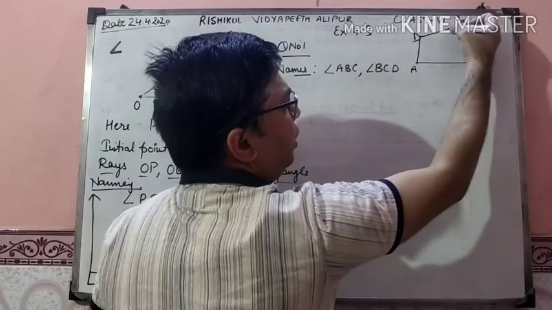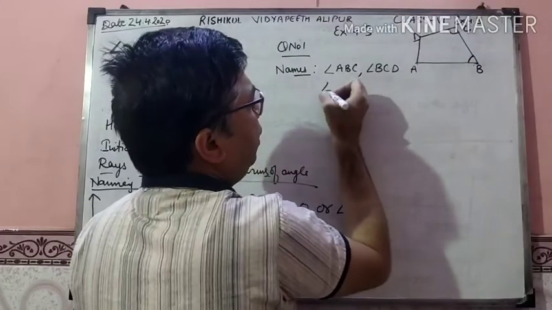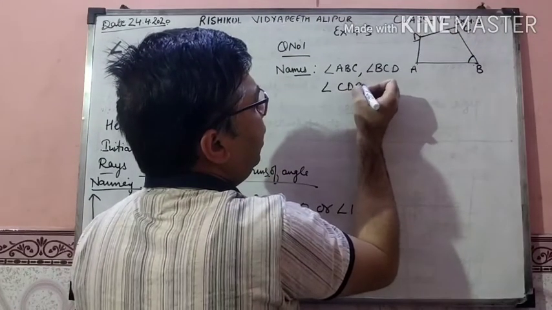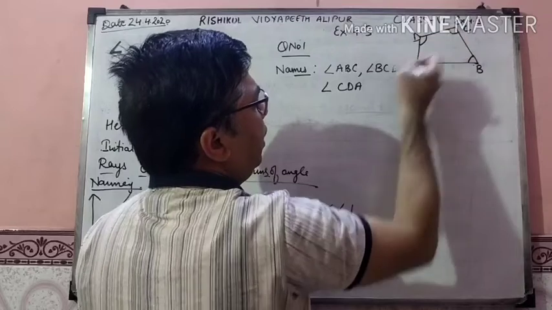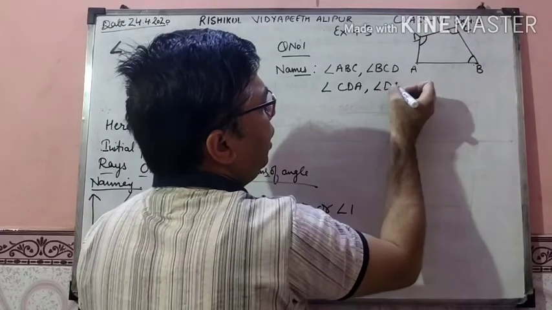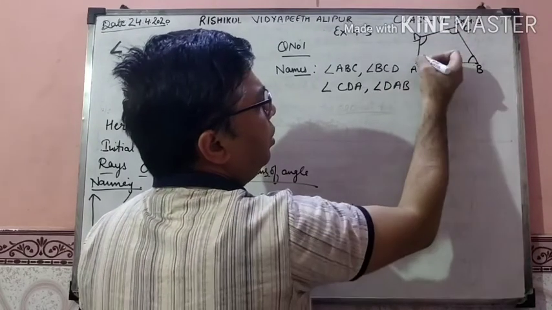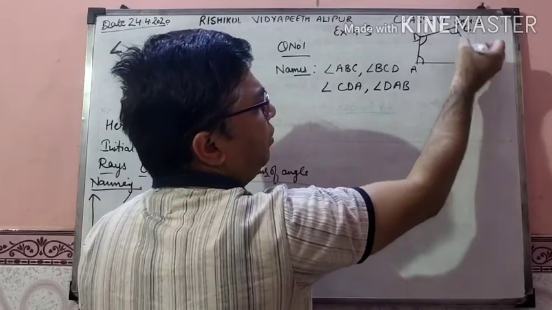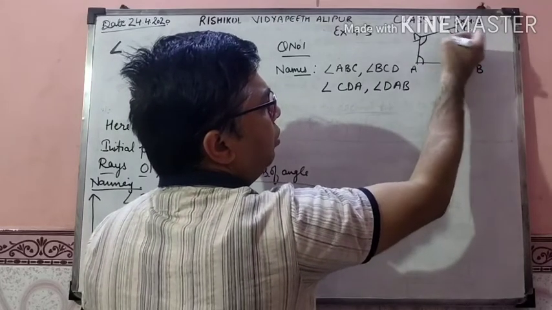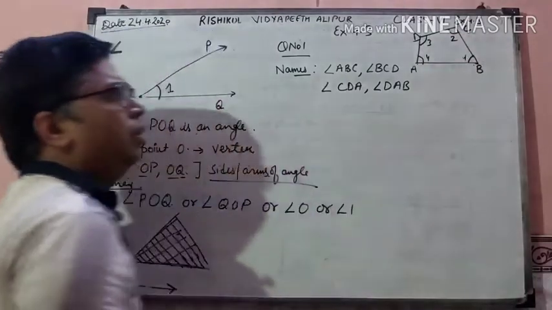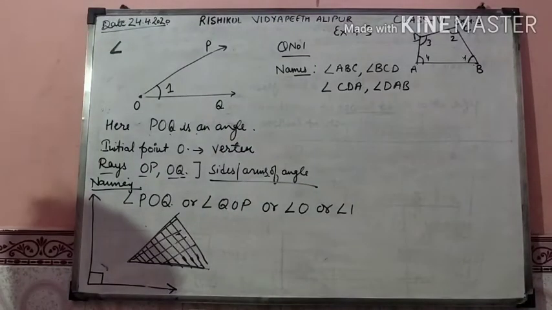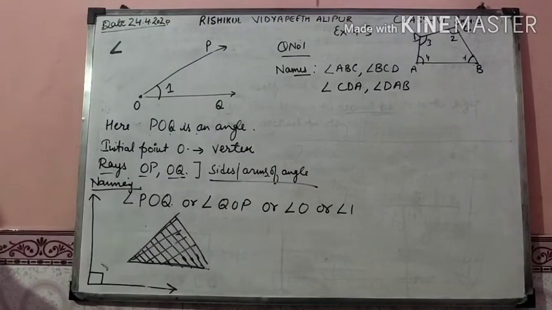Angle BCD, this is an angle. Angle CDA, this is an angle. Angle DAB. These all are angles. These four are angles. So this is question number one, naming of angles.